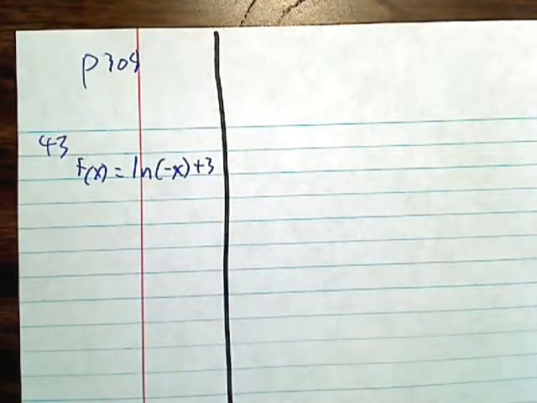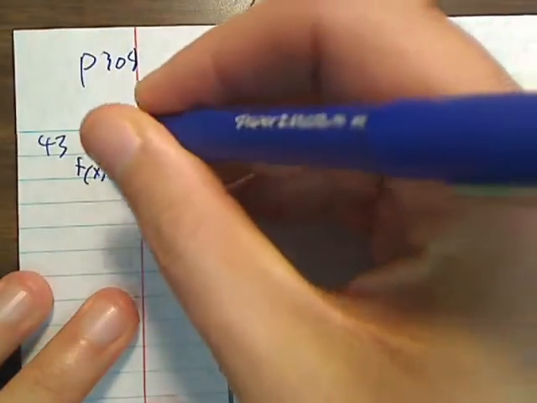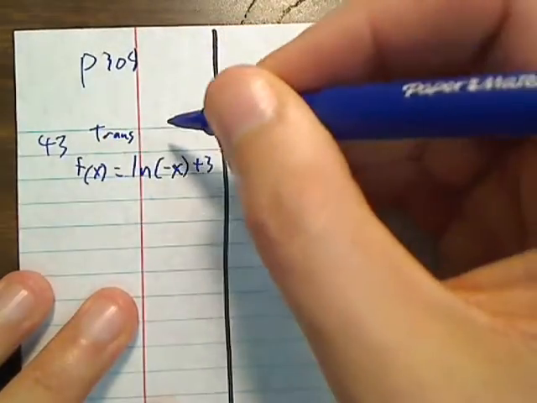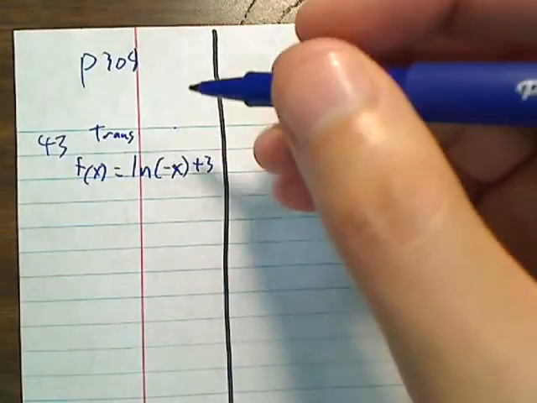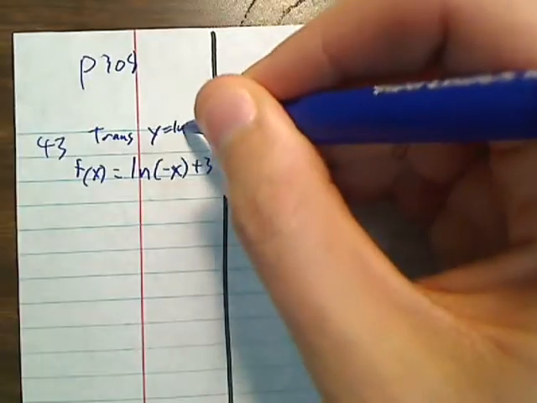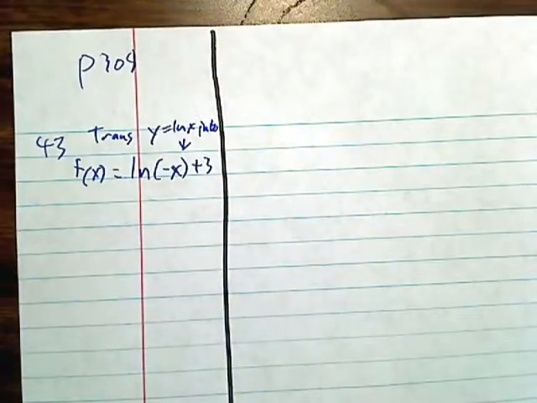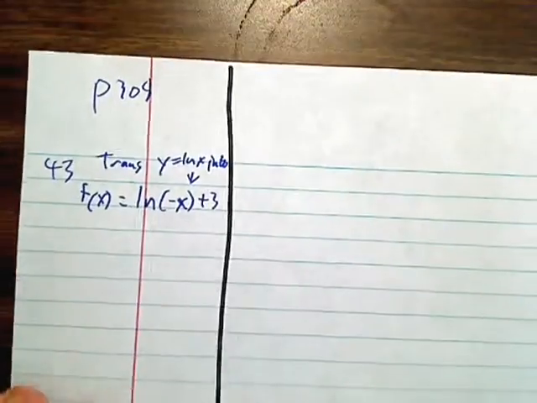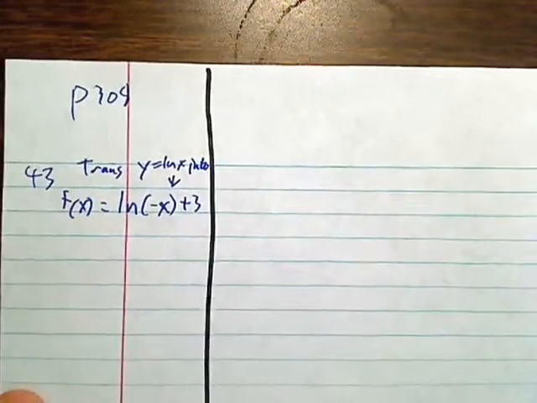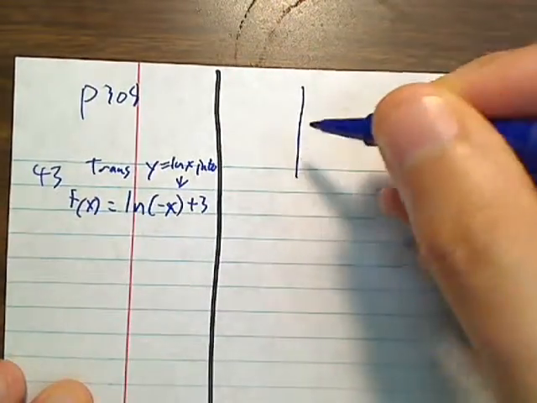It says describe how to transform the graph of y equals natural log x into the graph of this function. Sketch the graph by hand and support your sketch with a grapher. I can already start by saying, well, natural log looks like this.